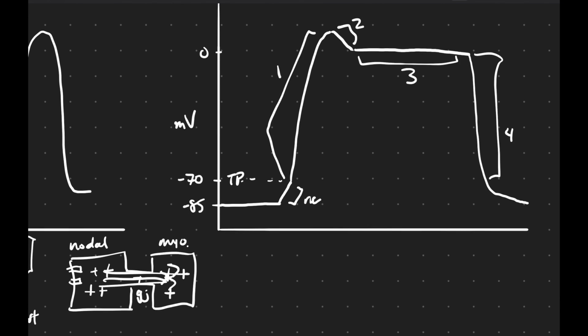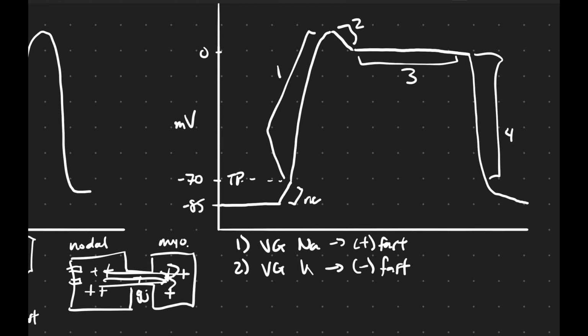So just putting it in writing, we're going to have our voltage-gated sodium channels, which cause a very fast depolarization. And then we're going to have our voltage-gated potassium channels opening, which is a very fast repolarization. But then at point 3, we're going to have our L-type calcium channels opening, and that's going to lead to a depolarization as well.